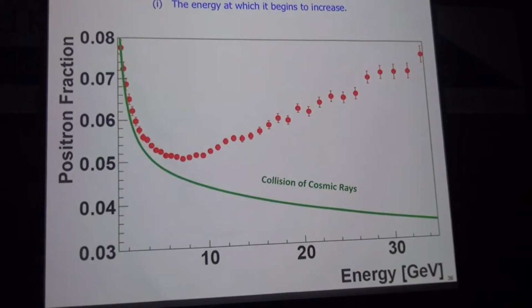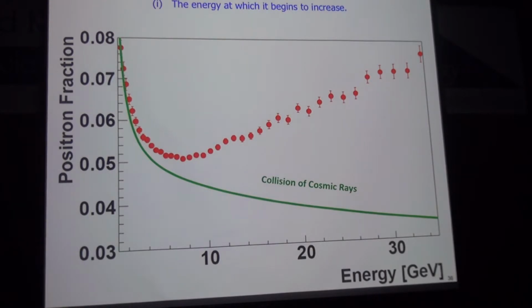As you can see in more detail in this low energy region, below 10 GeV it follows the model without dark matter, the standard cosmic ray propagation model. But at 10 GeV it starts to rise.